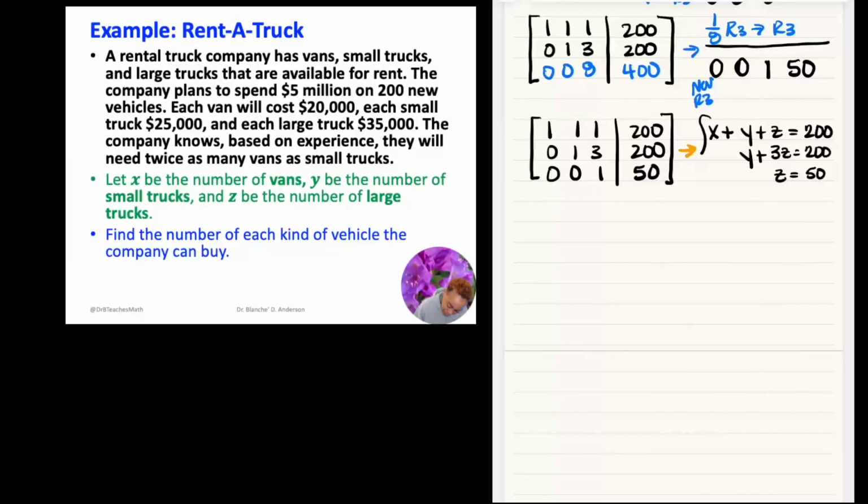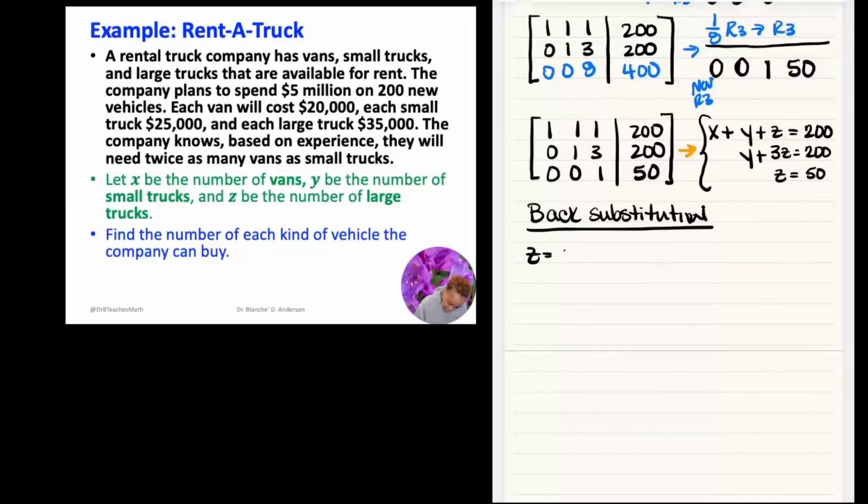Y'all see that? The coefficients line up. These represent the coefficients, and these represent the constants. So now we can solve, right? Now we can do back substitution.